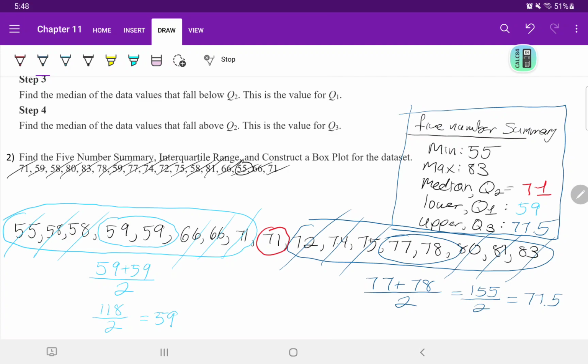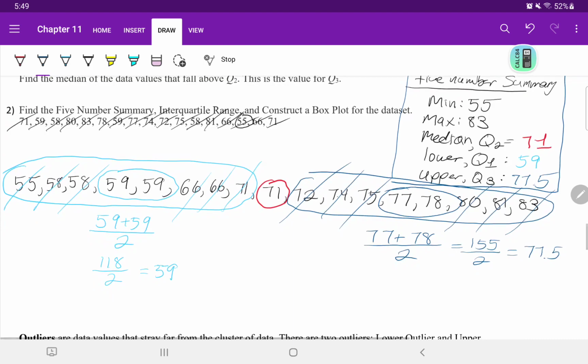Okay. Now, after we have the 5-number summary, we're going to find the interquartile range. And the interquartile range, once again, is the distance between the first quartile and the third quartile. So that's going to be Q3 minus Q1. Let's write it down here.